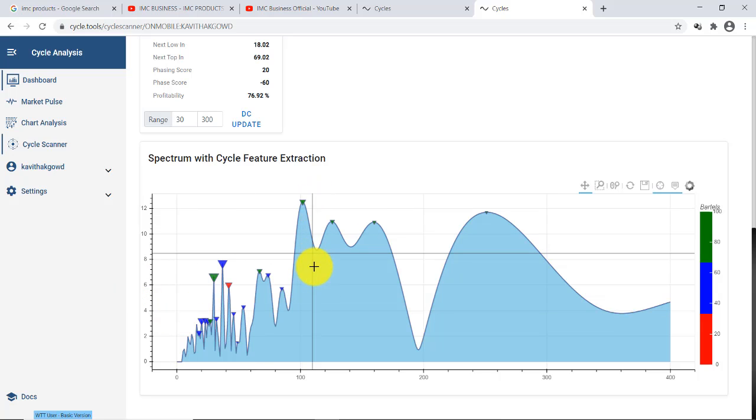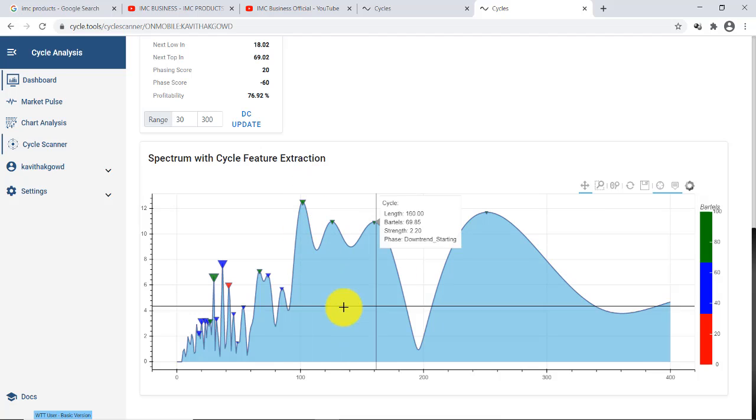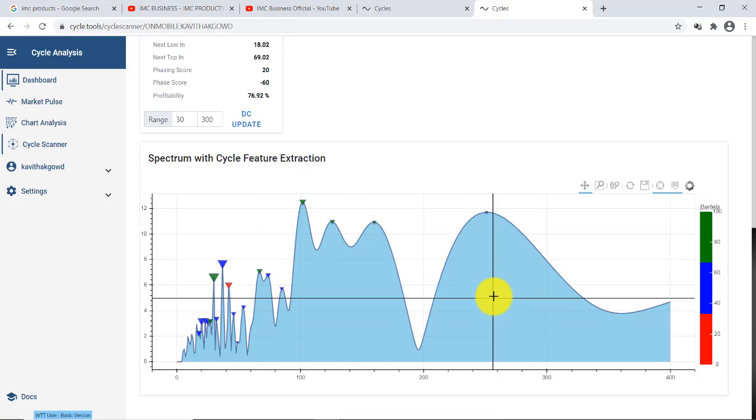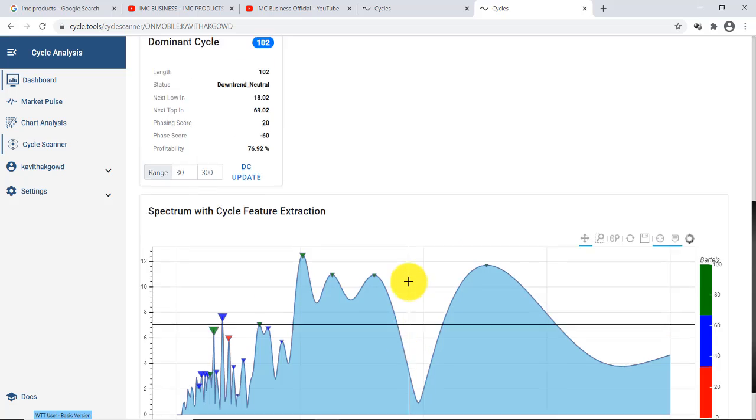It seems if the cycles are not clear, then we should not take them into consideration.